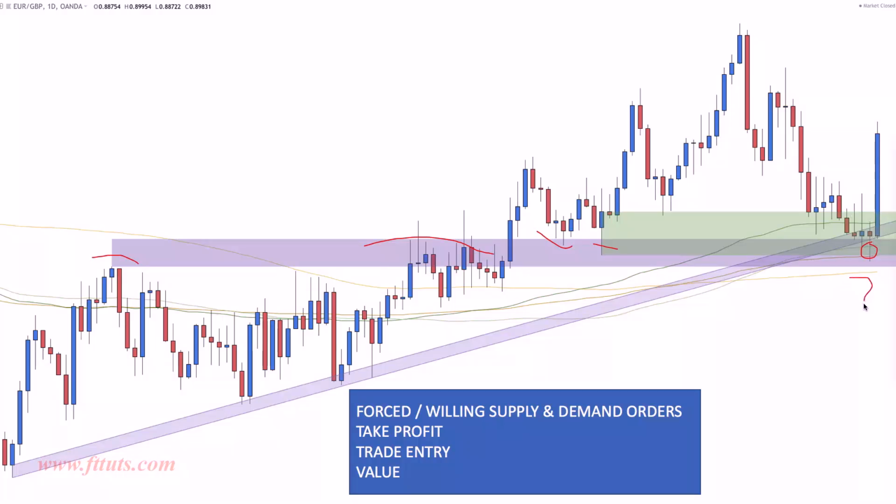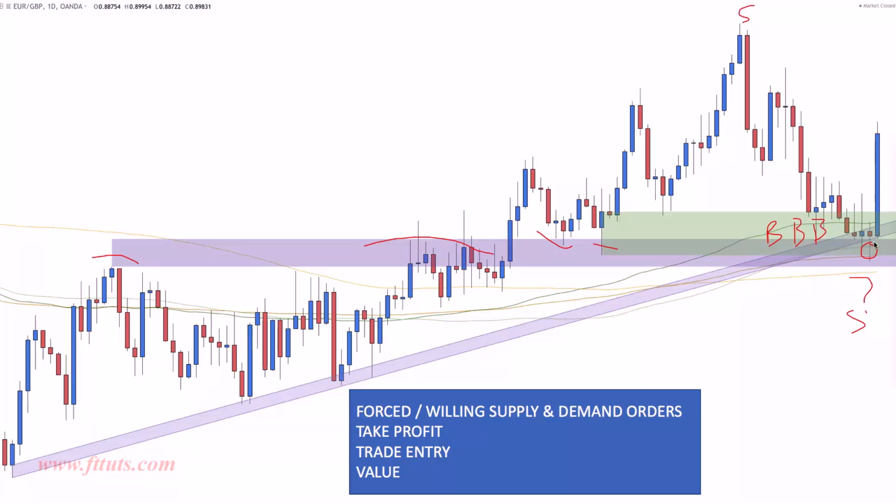So why would there have been more demand in this area, when we've had traders who went short here, take profit here? So these are buy orders, new traders who trade these levels of support and resistance, dynamic, diagonal and horizontal buying. So that's demand, and then value, that's demand. Buy.